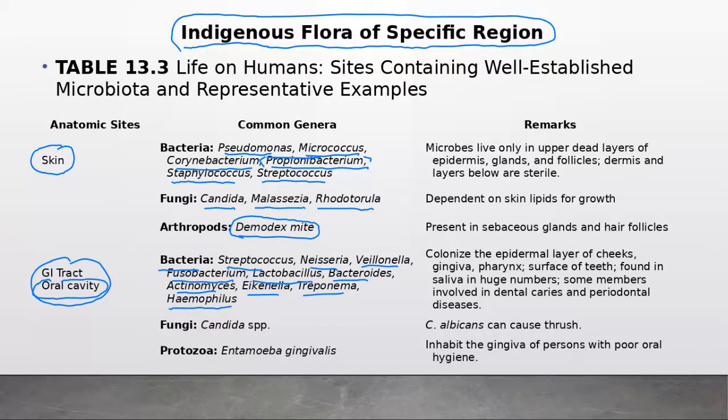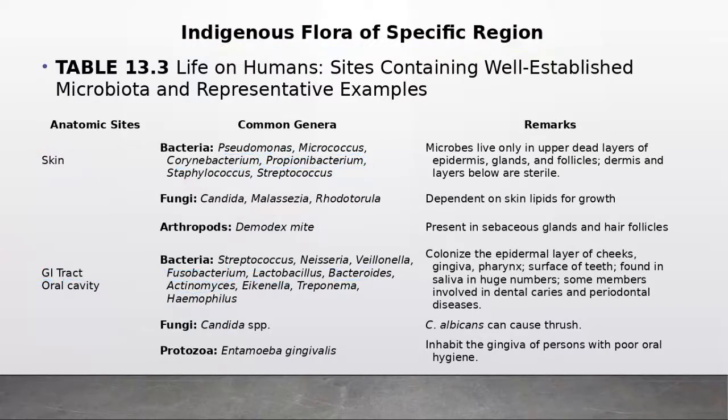So these are bacteria that usually live in the oral cavity or in the mouth. Fungi, mostly Candida species. And for the protozoa, there is also Entamoeba gingivalis. So this is in the mouth.